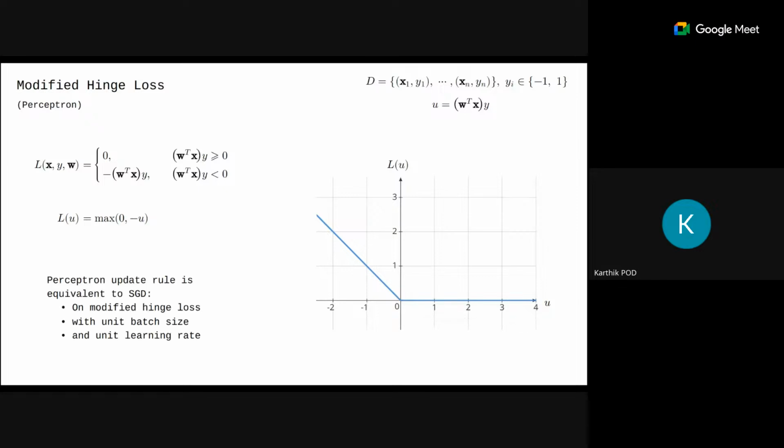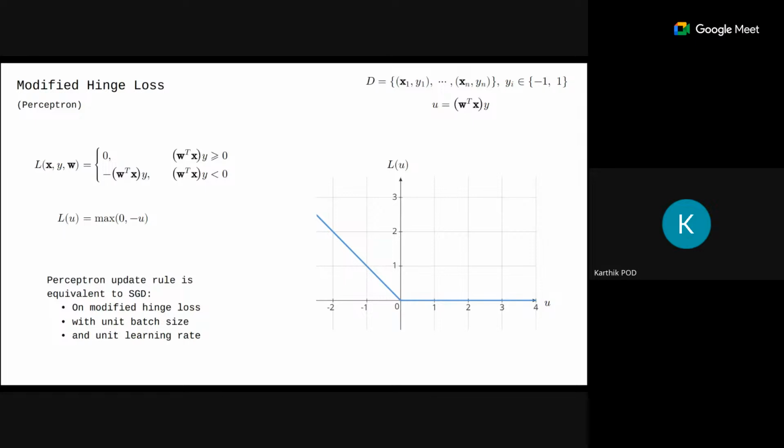Okay, so how does this come about? You can think of this as doing stochastic gradient descent with this loss on a single data point. So for a single data point, this will be the loss, and you set the learning rate to be 1. If you take the gradient of this with respect to W, what will you get? Minus xy.